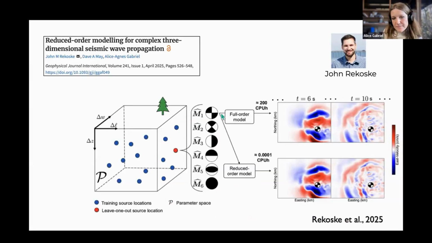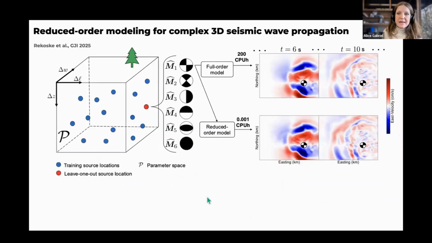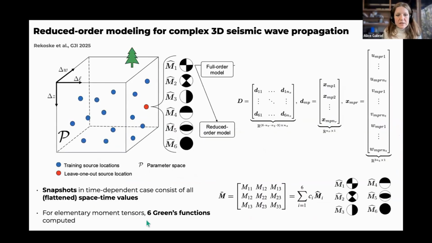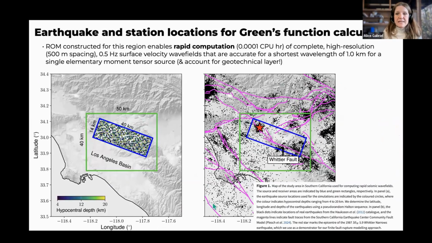We do this by splitting up our moment tensors into 6 fundamental components, and then doing the same reduced order modeling approach also in the time domain. And we can do this relatively efficiently. We compute Green's functions in this approach. And here's an example for the application that we show in this paper, where we are constructing this ROM for this whole region.